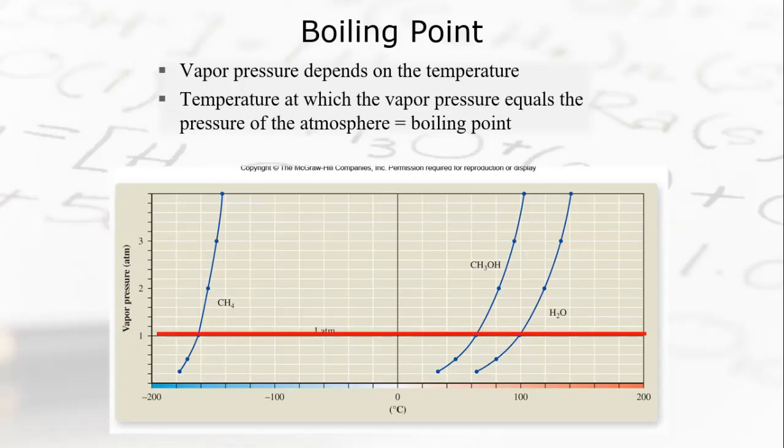In this case, we've drawn a line here across the 1 atmosphere pressure because that's the standard pressure at sea level. And the temperature at which the vapor pressure curve crosses that horizontal line, that temperature is what we call the normal boiling point if it's 1 atmosphere.